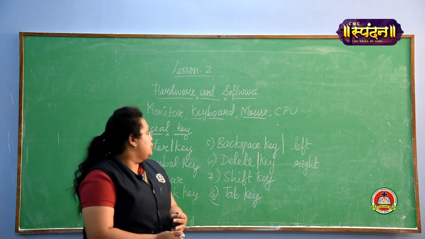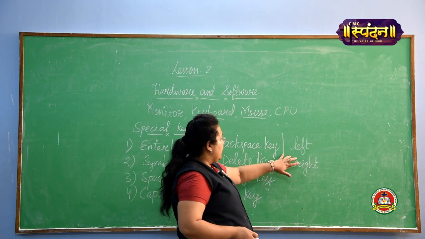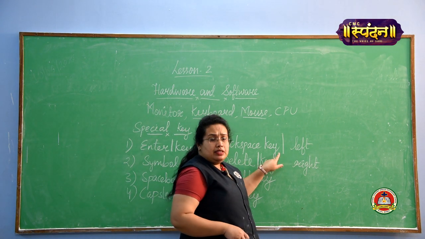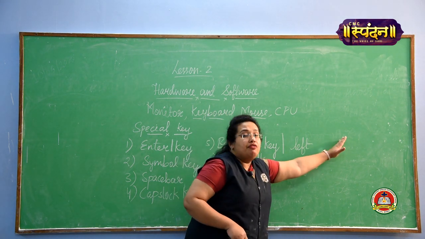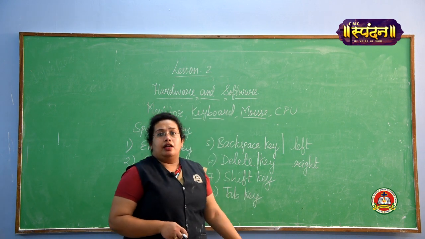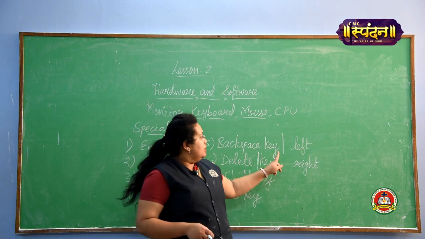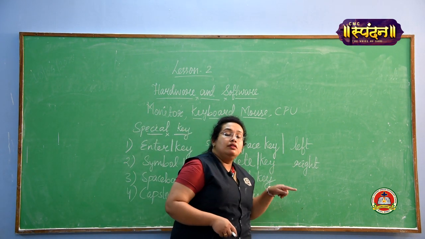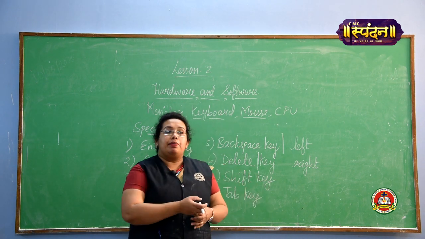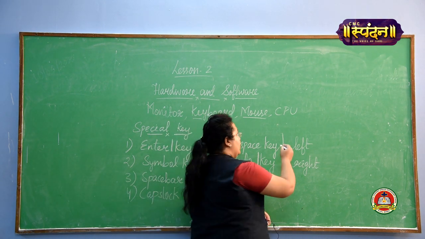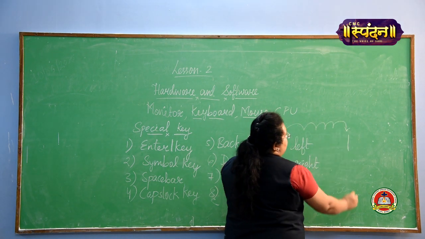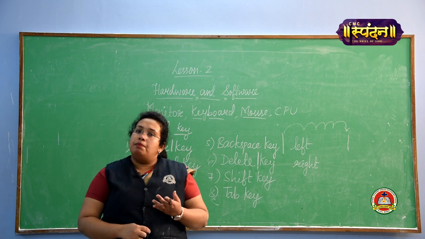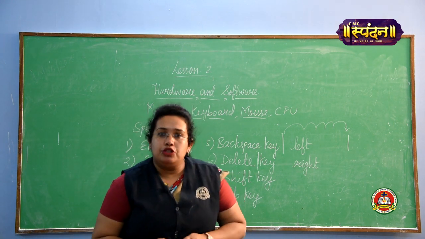So if my cursor is present on this place and I press the tab key, what will happen? The cursor will take 5 steps to the right side. But if I press the space bar key, the cursor will take only 1 step. When I press the tab key, it will move 1, 2, 3, 4 and 5 times and come to this place. So it's clear to all of you.